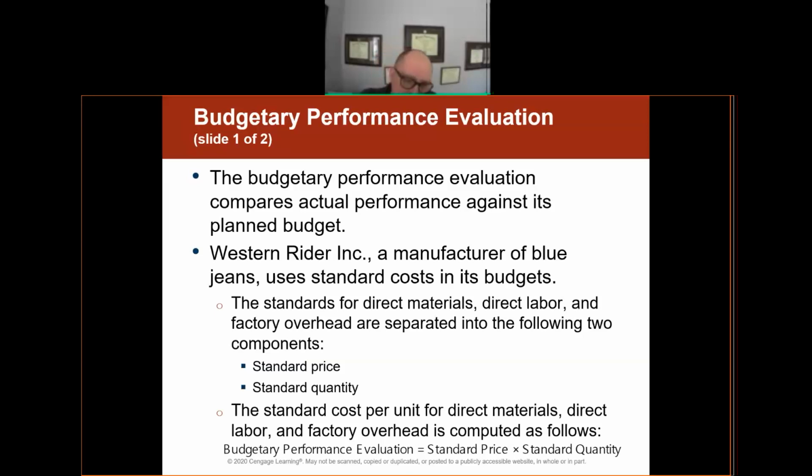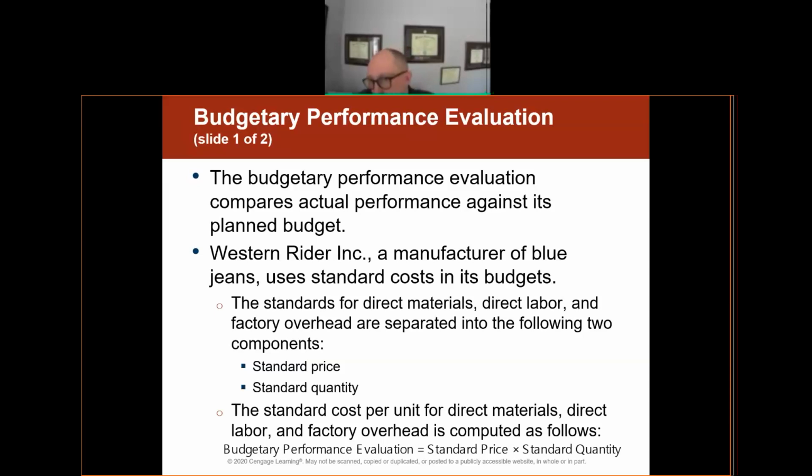Standard price, standard quantity. Think standard price, think standard cost. When you think standard quantity, think the amount I usually produce, or my goal to produce. So for example, we expect to manufacture 10,000 pairs of blue jeans for the next 12 months.